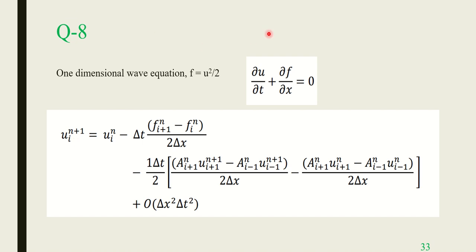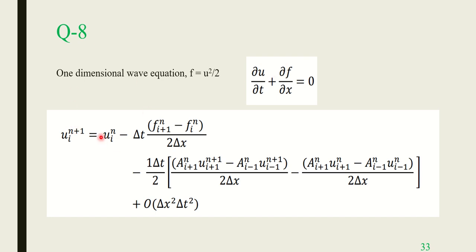Consider a one-dimensional wave equation given by dou u by dou t plus dou f by dou x is equal to 0, where f is u square by 2. For simplicity, we are using the term f here.